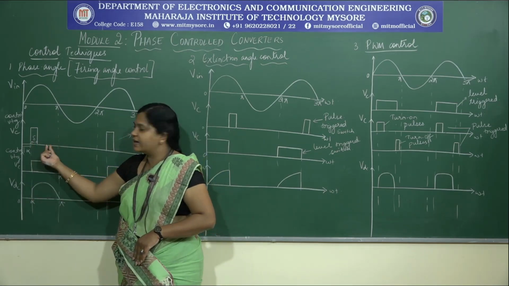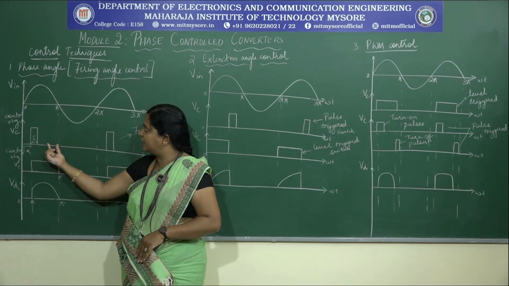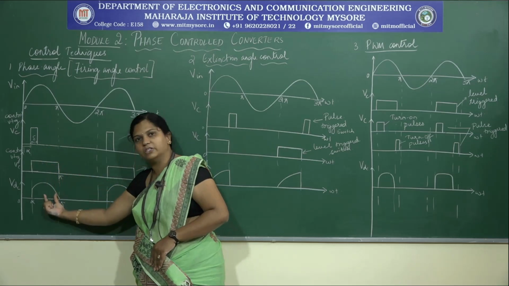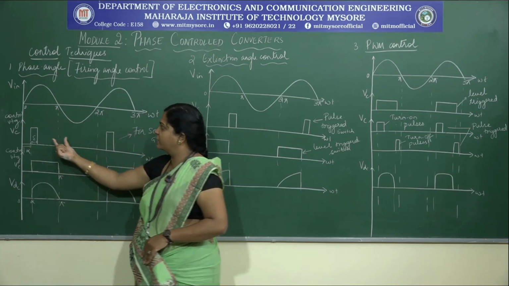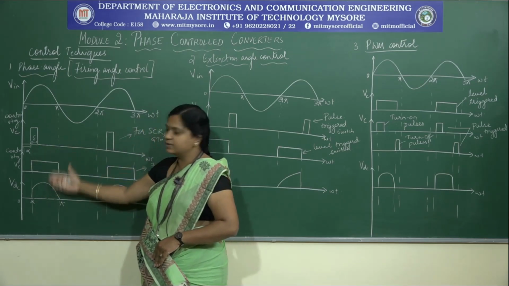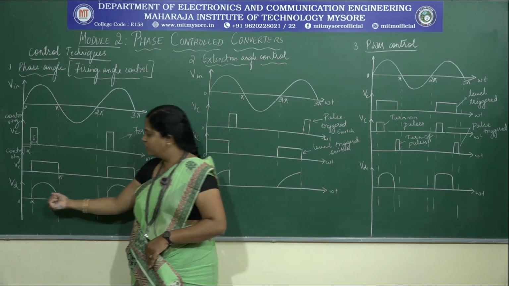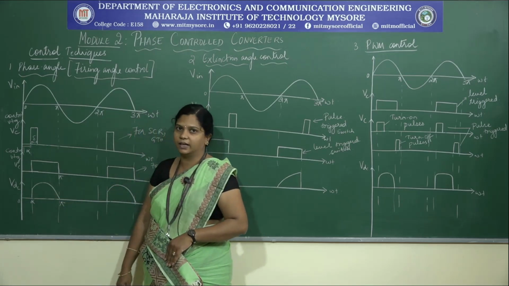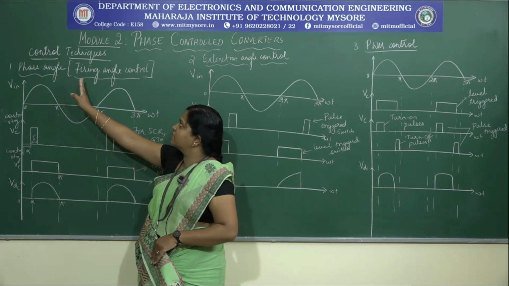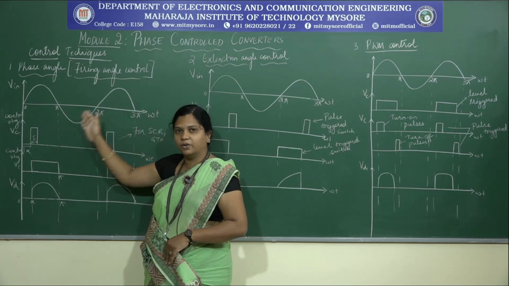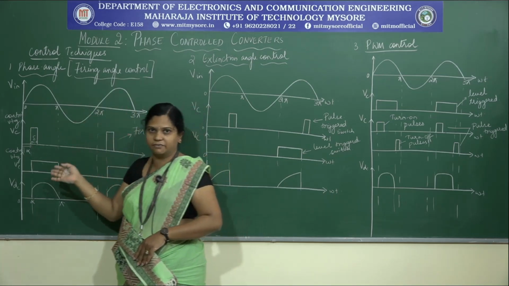Now if your alpha is around 75 or 80 degrees, then what will happen? Only a little bit of output is available, because the value of alpha is more. So it is vice versa. That is how we achieve control using the concept of firing angle, which is also known as phase angle control. This is one of the control techniques which we use extensively.